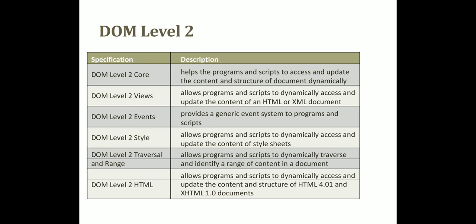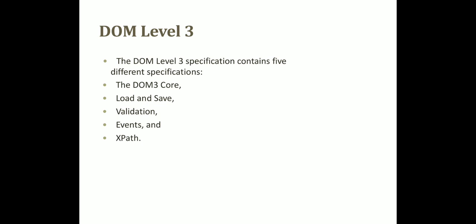And the DOM level 2 HTML updates the contents and structure of HTML 4.01 and XHTML 1.0 documents. The structure of HTML 4.01 and above versions are also now included. So this is the separation of parts and the specification of them in a descriptive manner for DOM level 2.